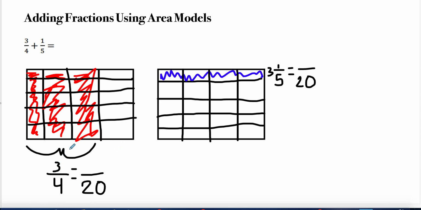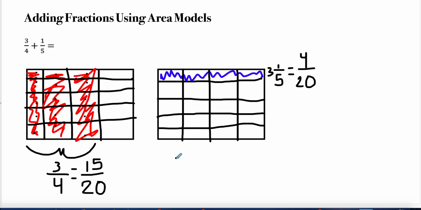Okay, so now let's figure out how many 20ths are equivalent to each of my original fractions. In the first model, I can see that I have 1, 2, 3, 4, 5, 6, 7, 8, 9, 10, 11, 12, 13, 14, 15 20ths shaded, which means that 3/4 is equivalent to 15 20ths. And here on my second model, I can see that I have 4 20ths shaded, which is equivalent to 1/5.